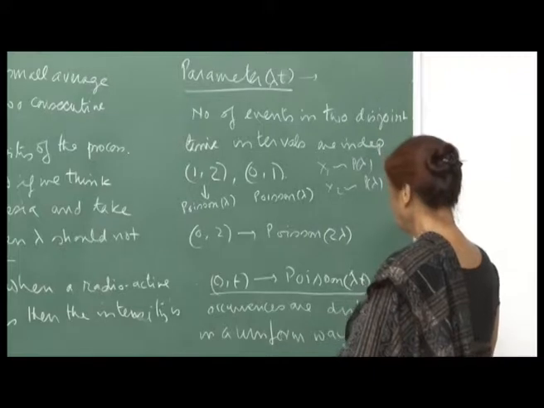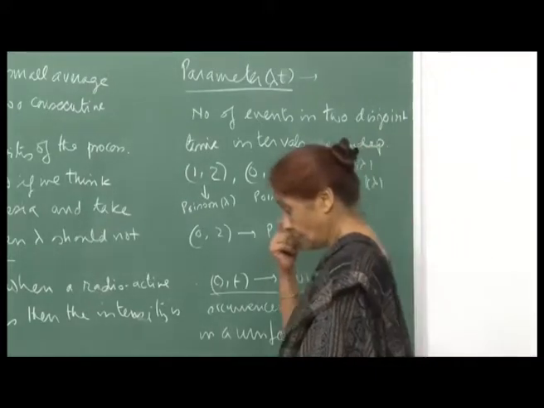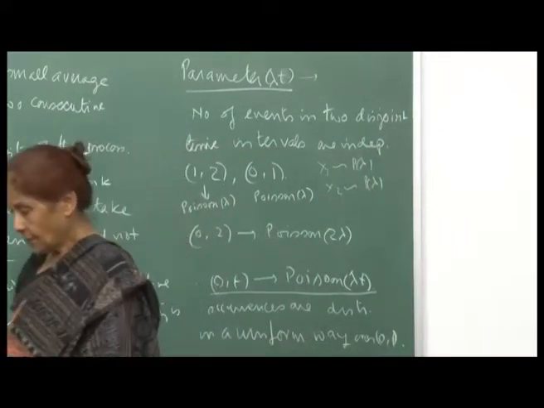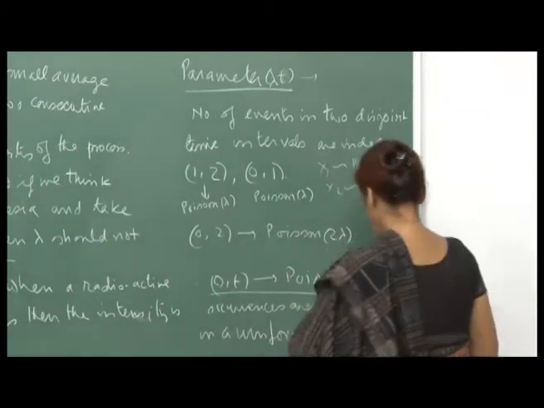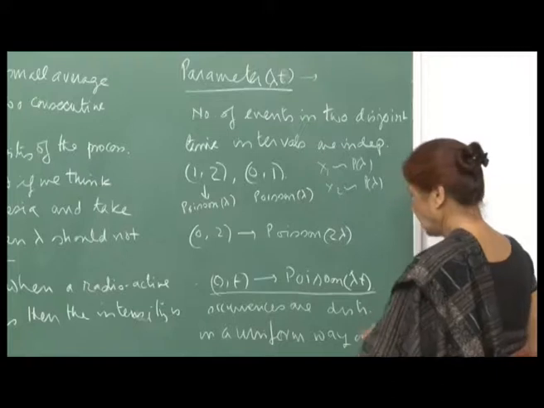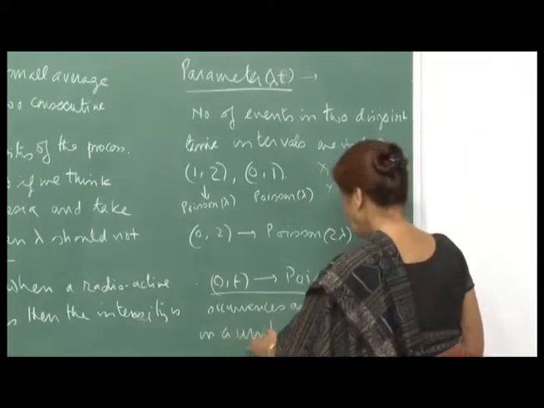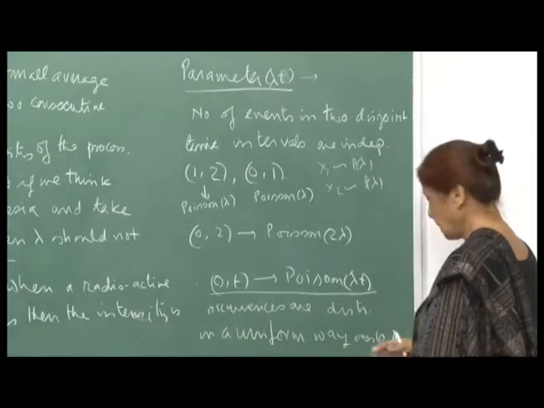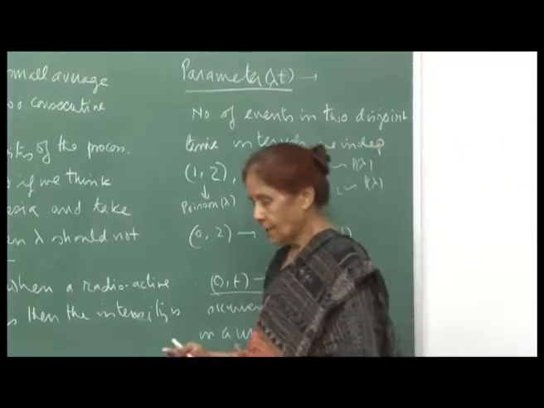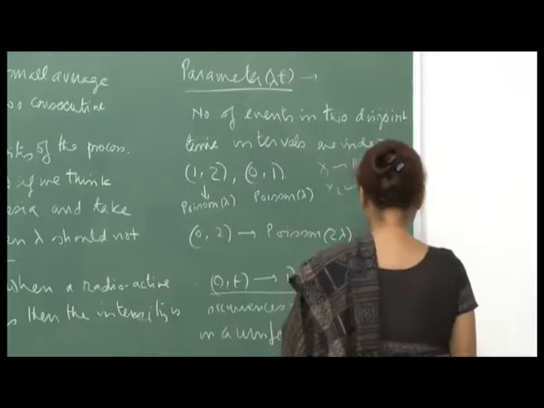Now, since we are talking of stationary increments, the arrivals over the time 0 to t are distributed in a uniform way, because they are random events.